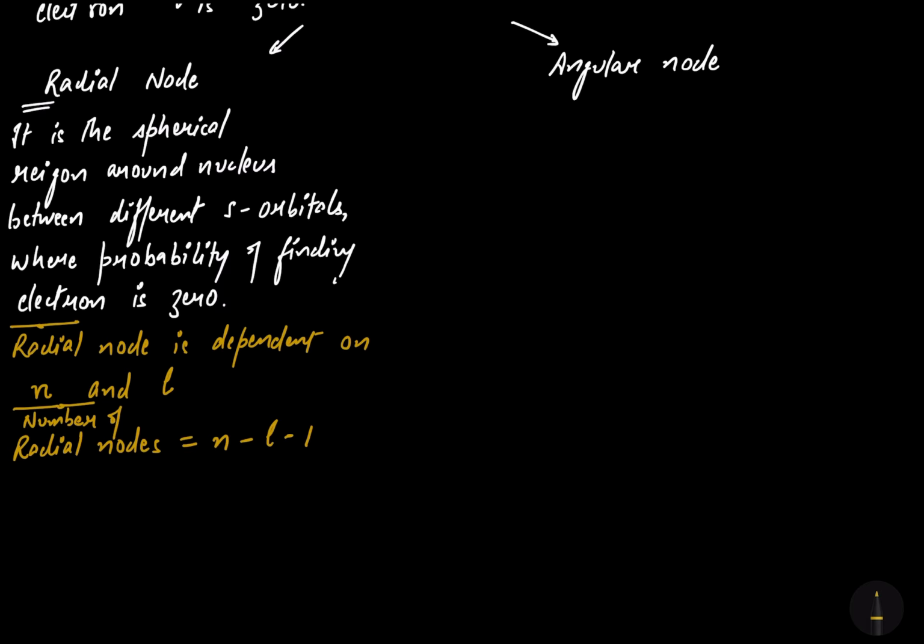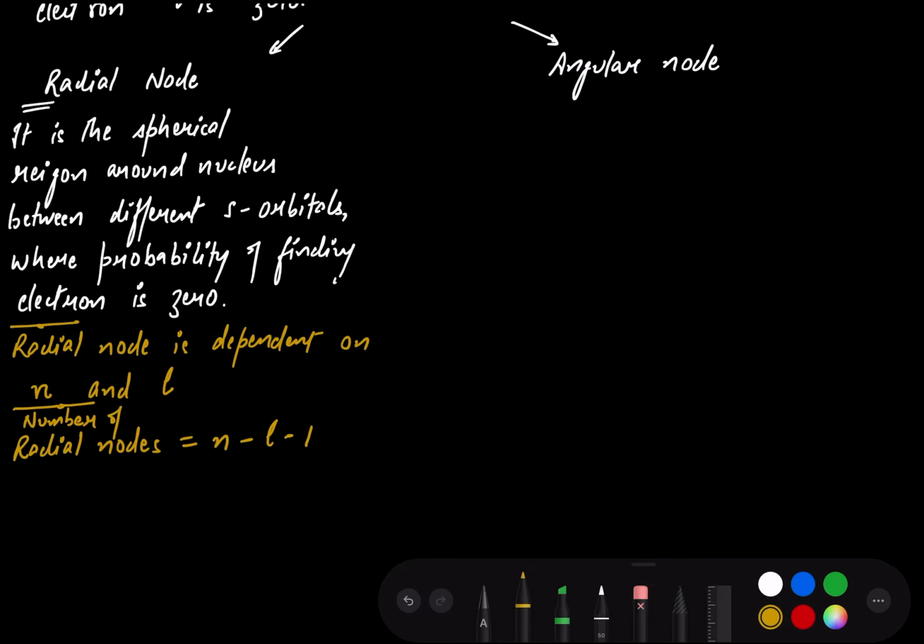So now let's come to the angular node. It is a planar region around the nucleus where the probability of finding an electron is 0.